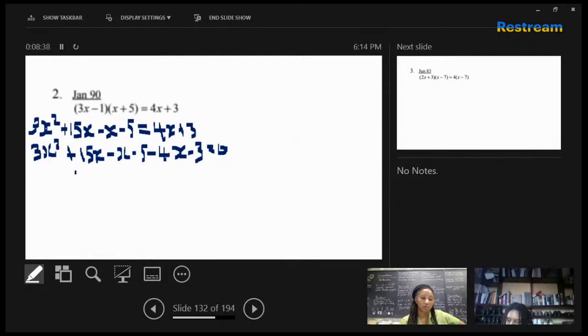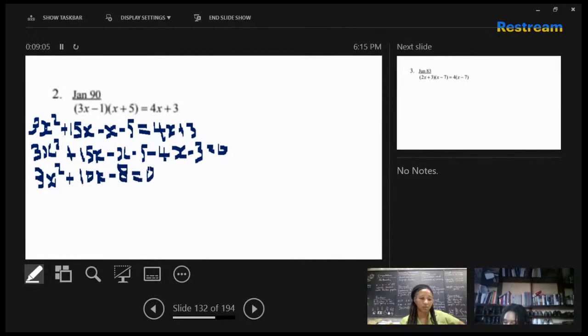So 3x squared plus 10x, and negative 5 minus 3 is negative 8, is equal to 0.